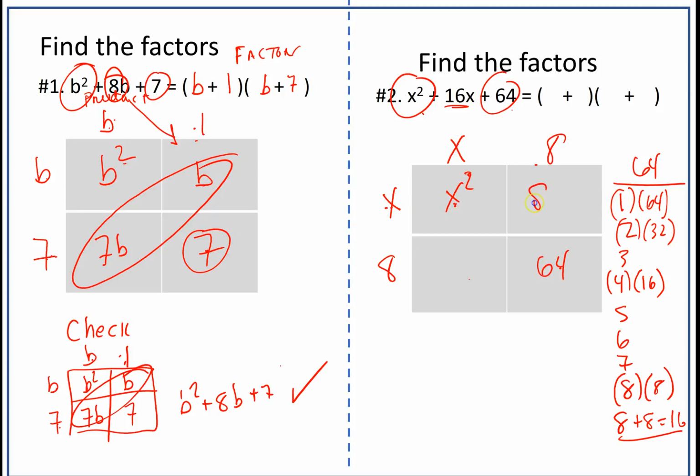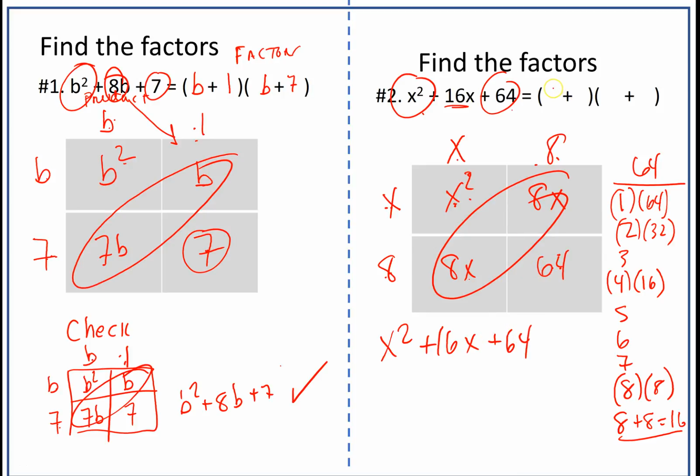X times 8, 8x. X times 8, 8x. 8 times 8, 64. So what do I get? X squared. What's 8 plus 8? 16 plus 64. So what's my answer? x plus 8, x plus 8.